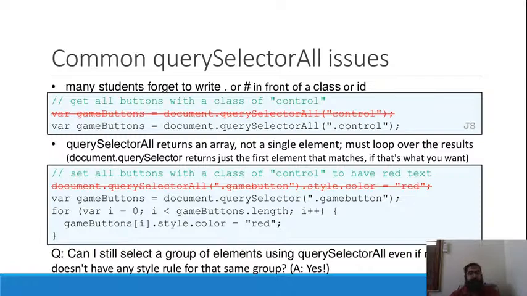Document querySelector returns just the first element that matches, if that's what you want. So if you do not want to apply the changes to all the elements, and you want to get the first element only, you can use querySelector.